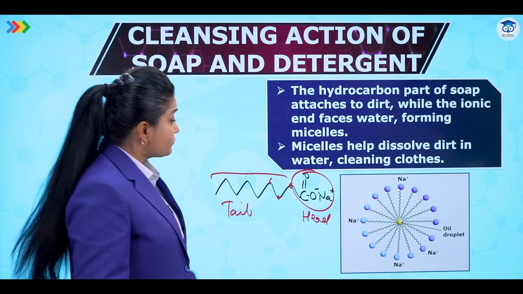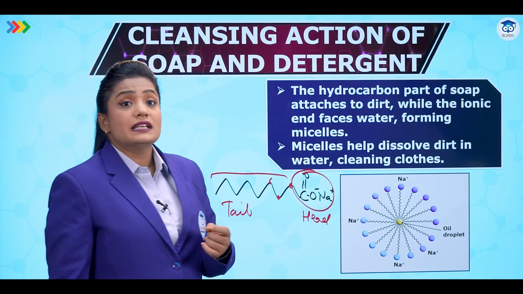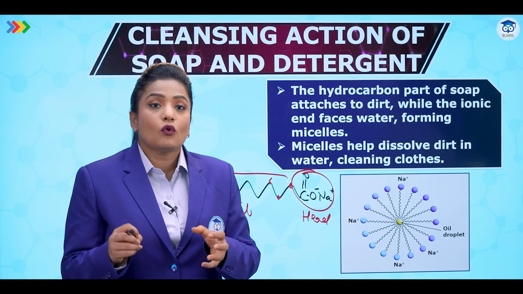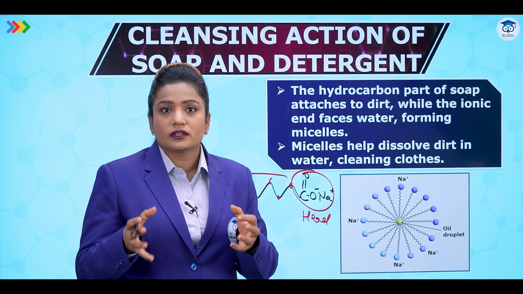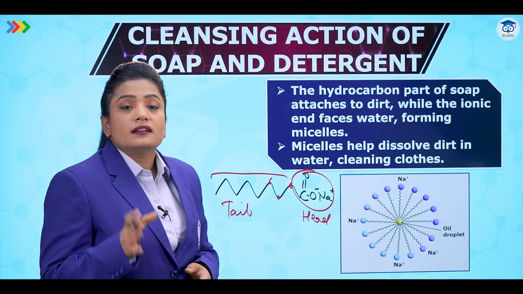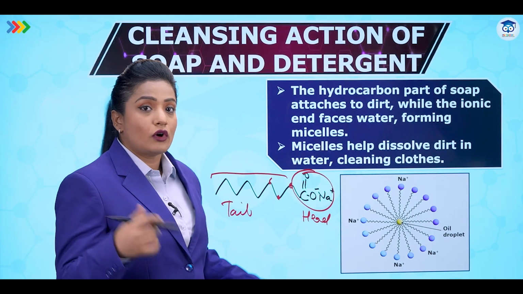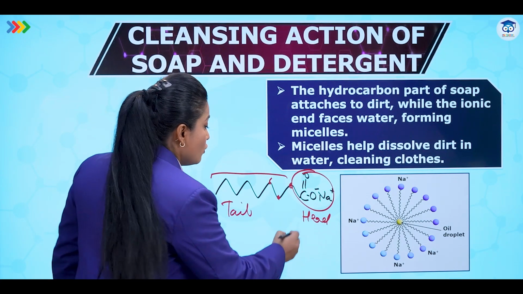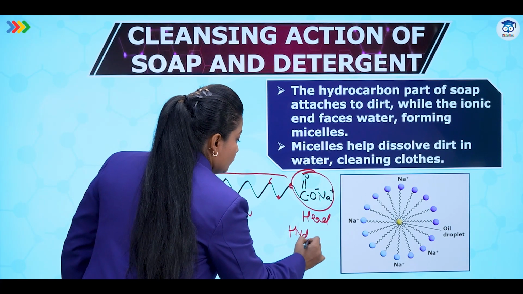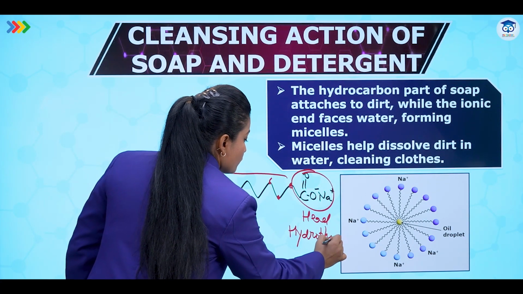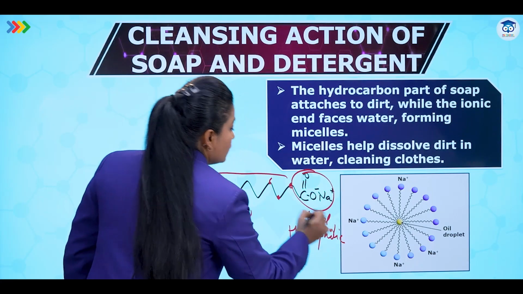Now the second thing. Water is polar in nature. That means in water we have H positive, OH negative. Water is polar in nature, and like dissolves like. So this ionic part, the head, will dissolve in water. That means this is the hydrophilic part. Hydrophilic means water loving.